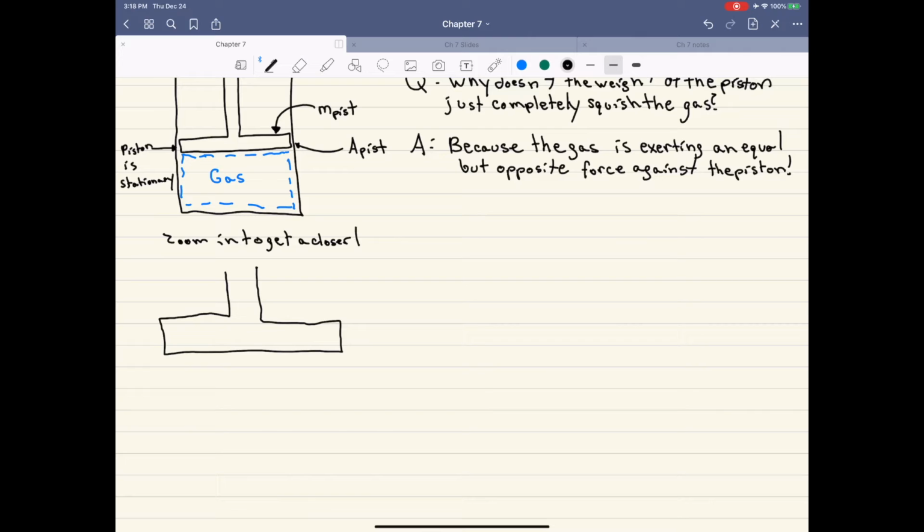Here's our piston, and underneath our piston we have gas molecules. These gas molecules aren't stationary; they're moving all around. A lot of times the gas molecules will be moving in a direction such that they bounce right into the piston itself.